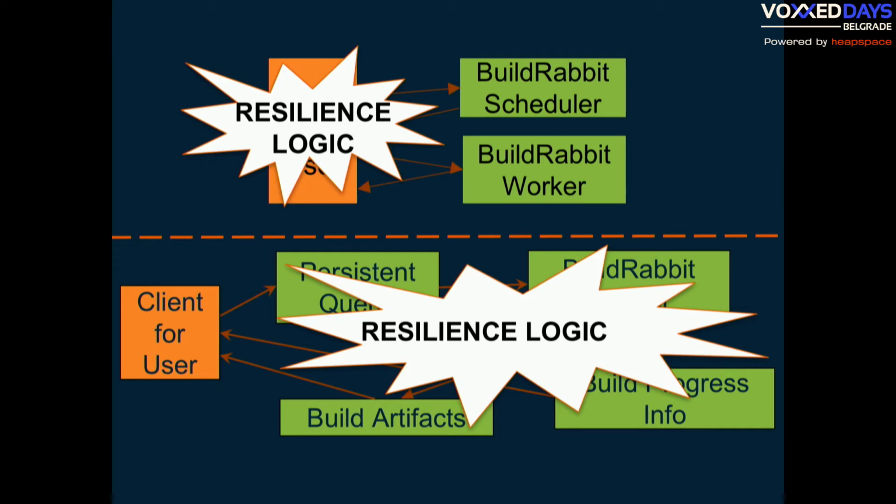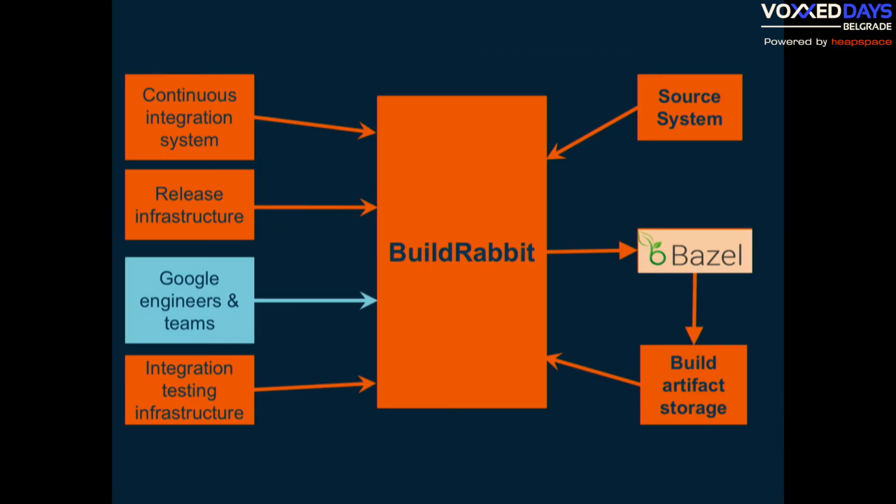With the new architecture, it allowed us to roll out new features a lot quicker to our users, and the client library is now a lot thinner. It needs to do a lot less understanding of what happened on the build system, and then all of us on the build system could figure out the best improvements that we could make for the client and roll it out as quickly as possible. So, as I mentioned, the BuildRabbit system sits very nicely in the middle of the stack.